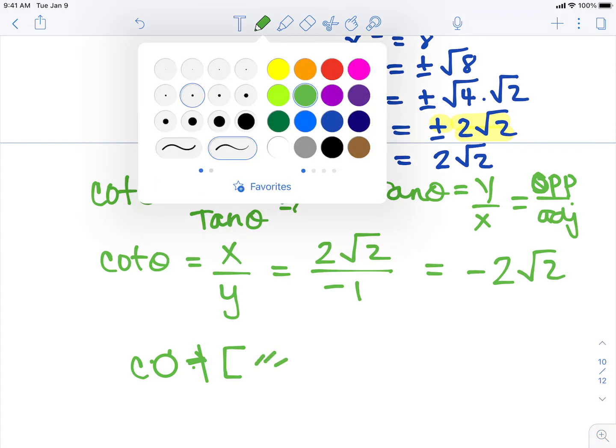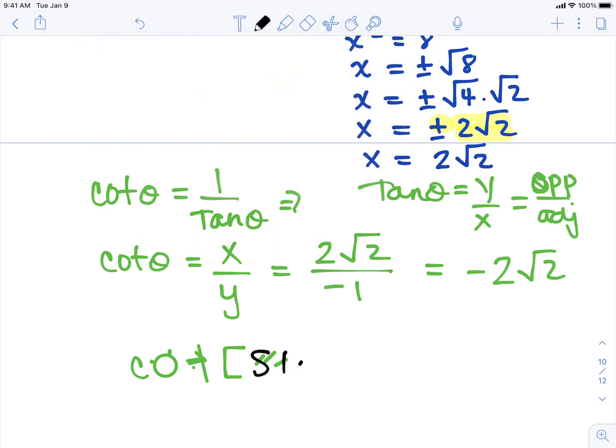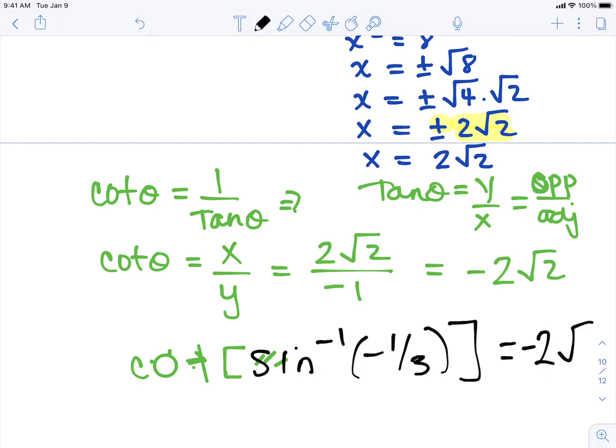Something going on with my pen here. I'm not sure. I'm going to change colors here.